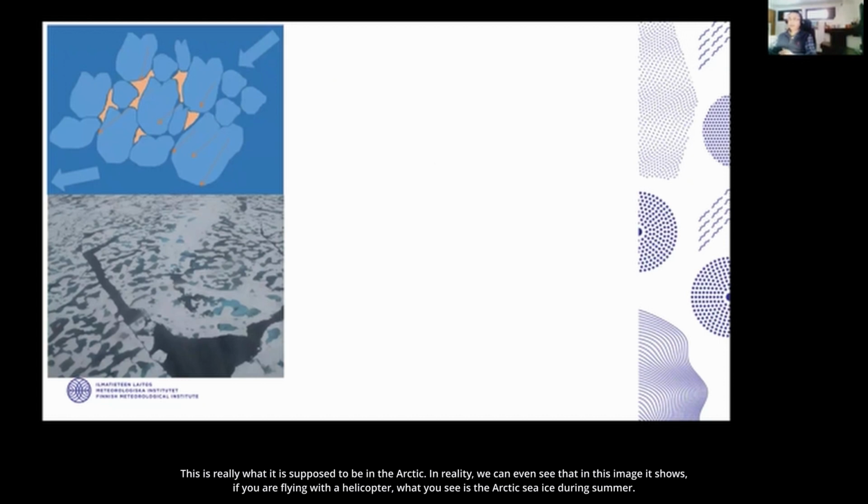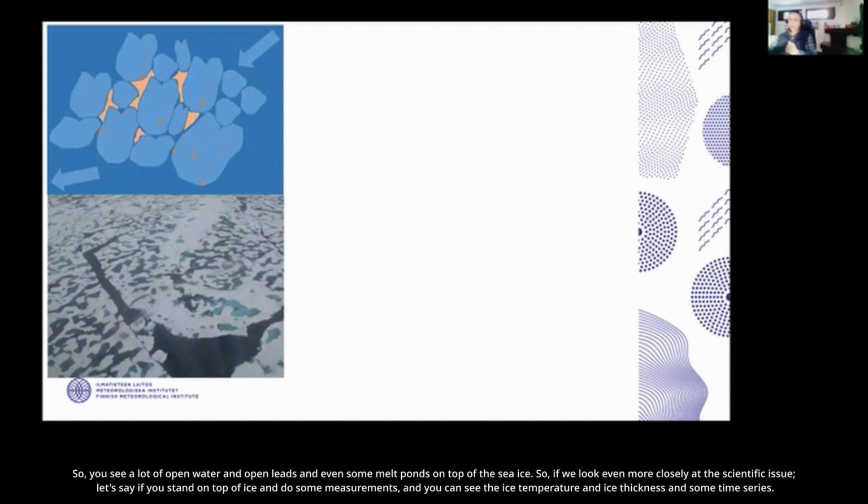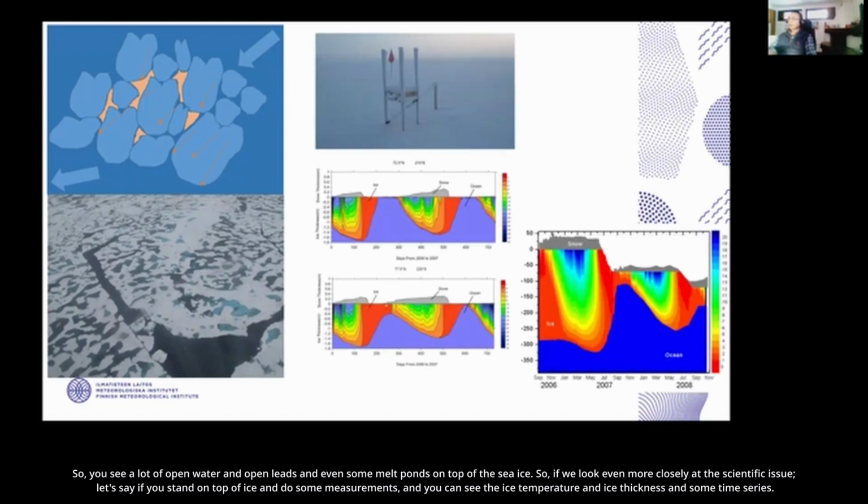In reality, this image shows what you see if you're flying in a helicopter: the Arctic sea ice during summer. You see a lot of open water and open leads, and even some melt ponds on top of the sea ice.